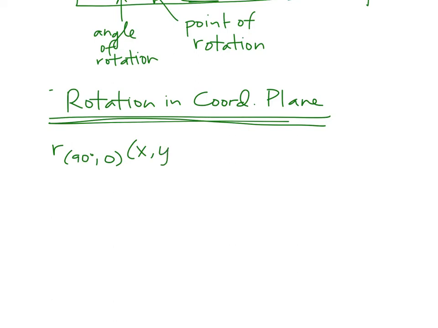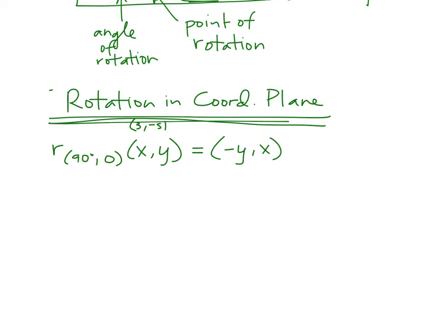Whatever your point is, so say it was 3, -5, okay? If you rotate 90 degrees around the origin, your point will always become a -y, x. So if it was 3, -5, a -y would be what number?